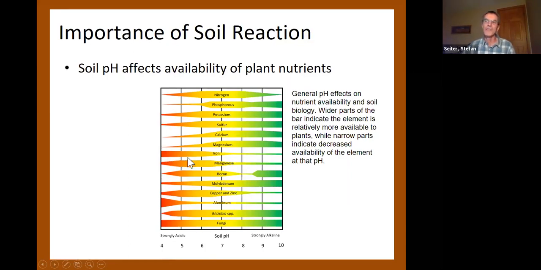We see the iron toxicity often in nurseries or in potted plants in general. So that's why pH is so important, because it makes nutrients available at certain ranges and it makes them unavailable or overly available at other ranges. So that's just kind of a general overview.